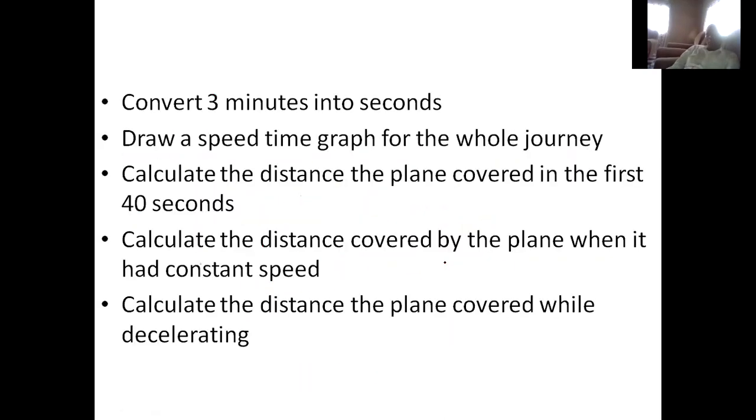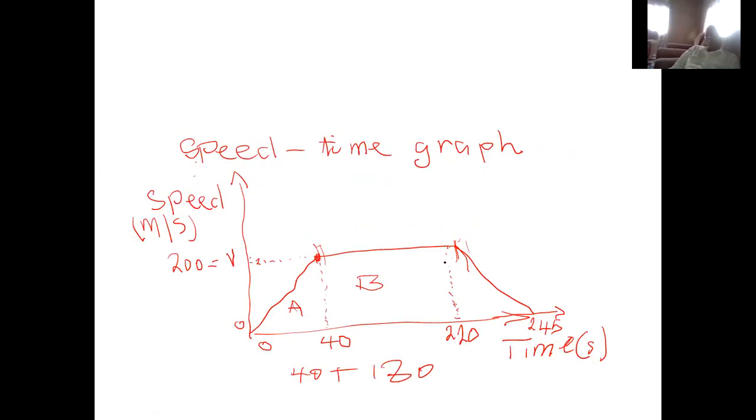Then the other question is to calculate the distance the plane covered while decelerating. So while decelerating, it will be from this point there up to when it comes to rest. So I'm going to calculate this area here, which we have called C, for the triangle.